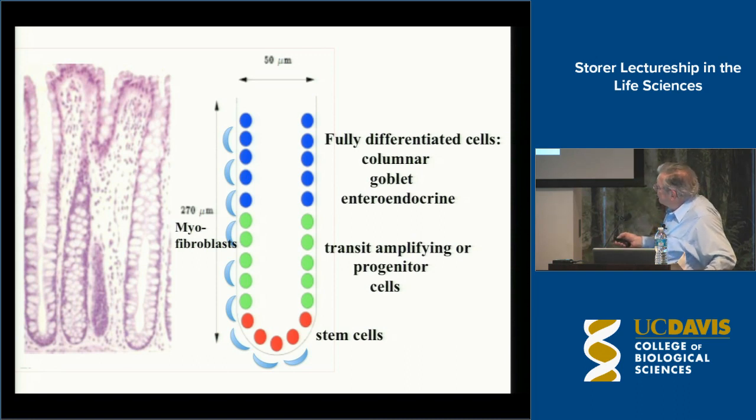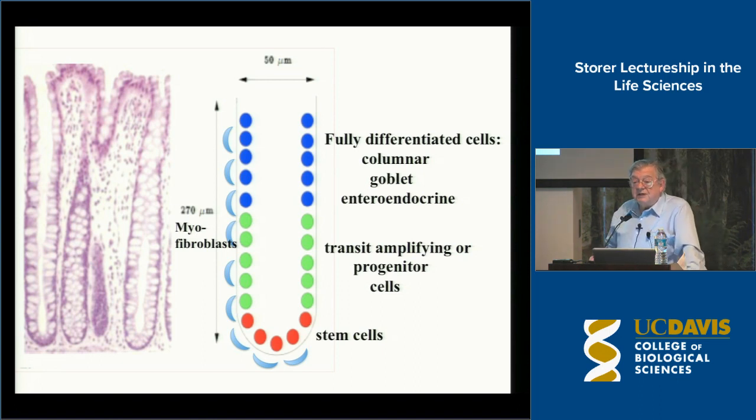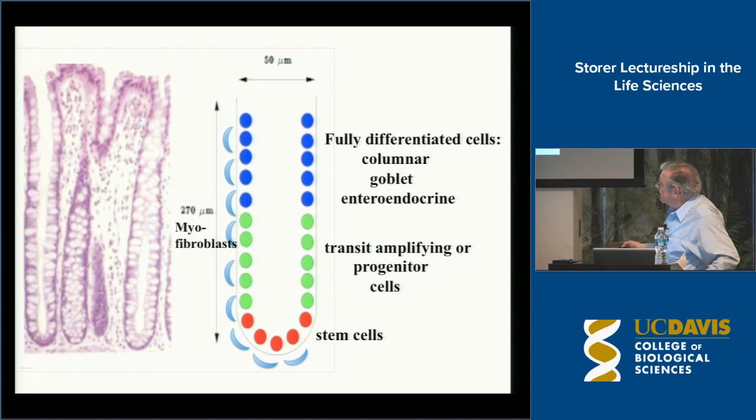So the structure of what goes on is at the bottom of the crypt you have the adult tissue stem cells for the crypt, and there's good genetic evidence that at any given time each crypt is monoclonal. It's derived from a single cell, one of these stem cells that is the one that is dividing and producing, by a process of intermediate cell division, so-called transit amplifying or progenitor cells, that then leads to the production of the three main types of differentiated cells that make up the colonic crypt.